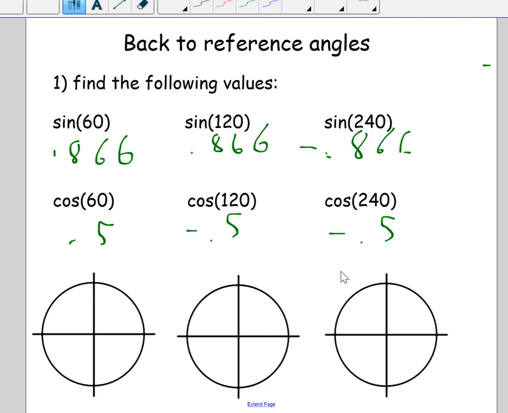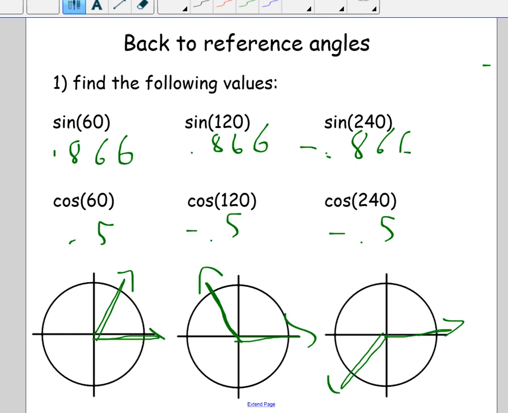If we were to draw in these angles on the unit circle, 60 is about here, 120 is about here, and 240 is about here.